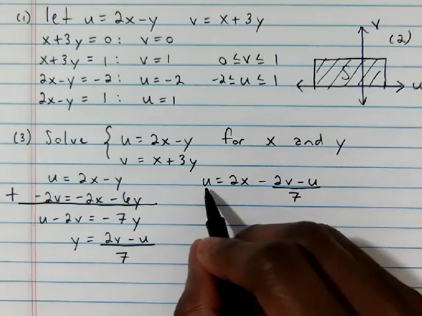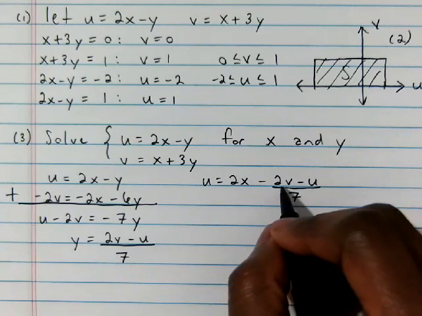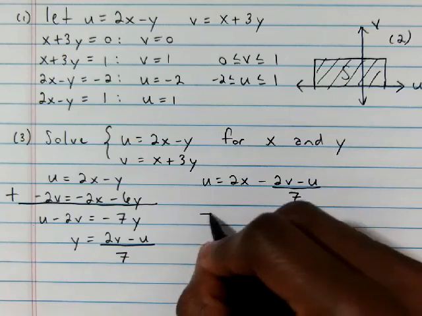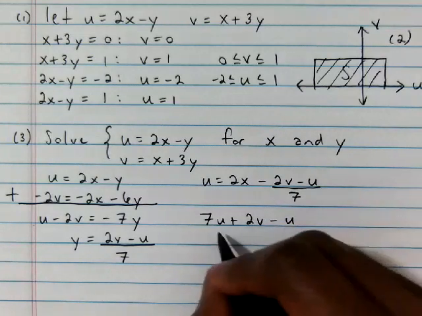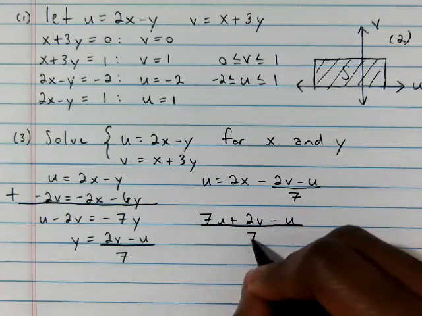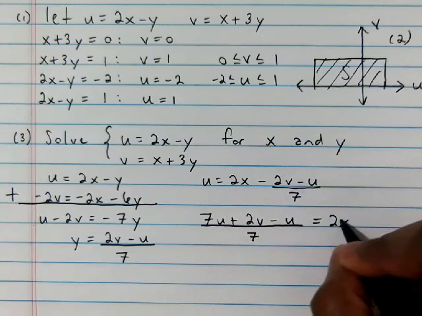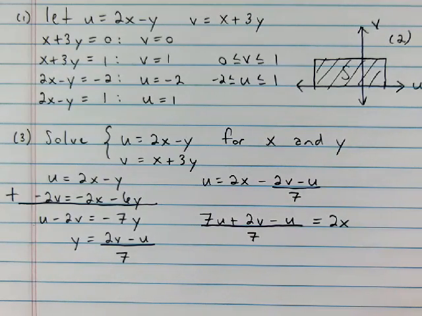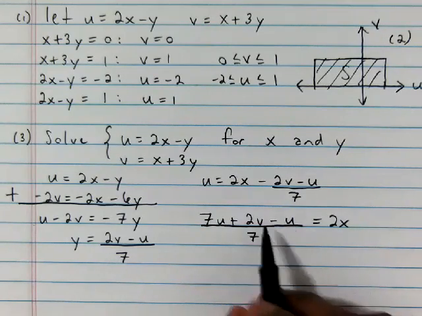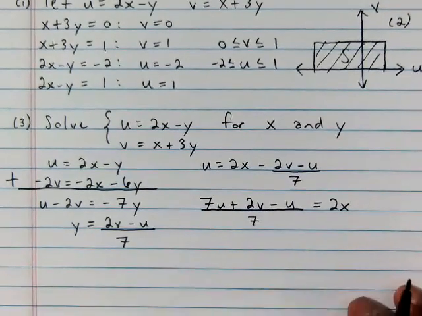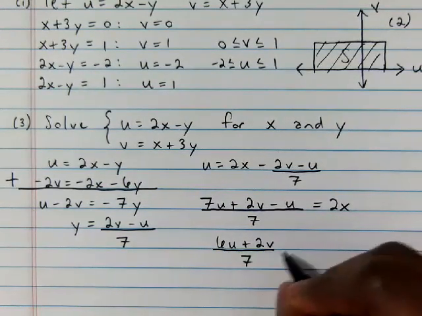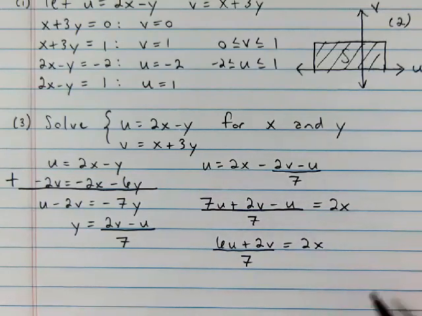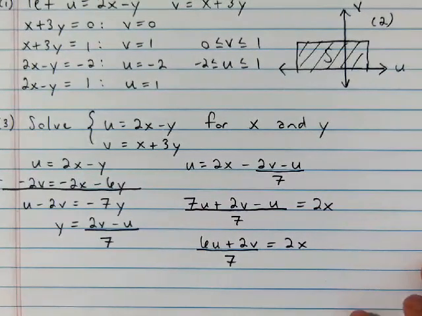So I'm going to get 7u plus 2v minus u over 7 equals 2x. And so we get (6u plus 2v) over 7 equals 2x. And divide both sides by 2, that gives us x equals (3u plus v) over 7.